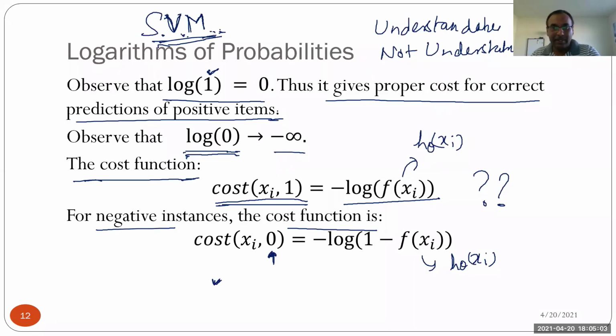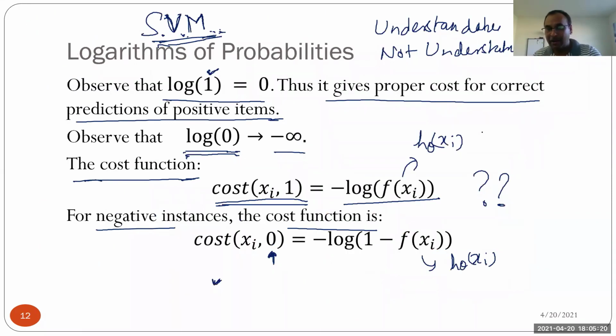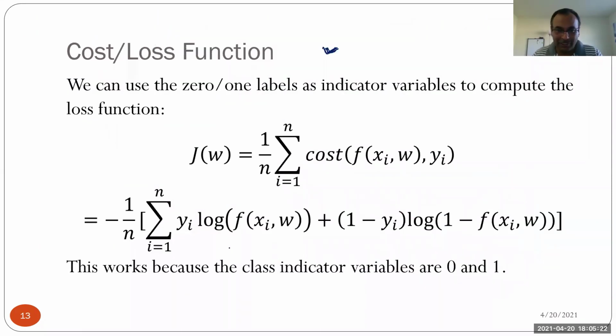Now here what you saw were two different expressions for cost. One cost which is associated with the positive label, which is y is equal to 1. The other expression is the cost associated with the negative label. What these people have smartly done is that in this one expression here, they combine these two.